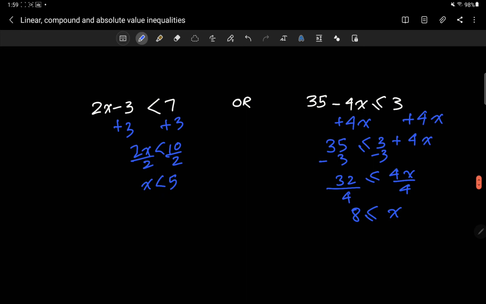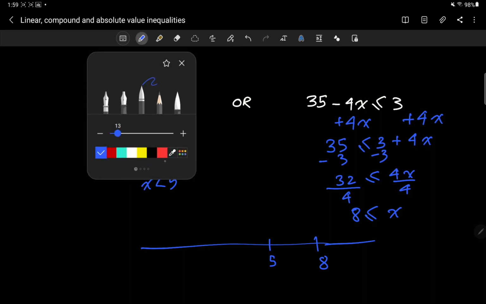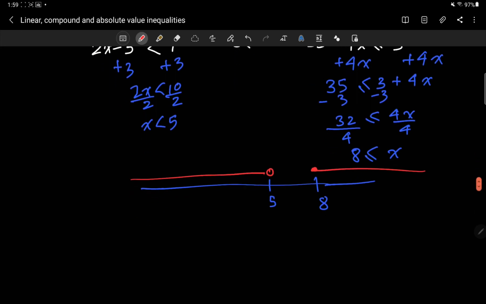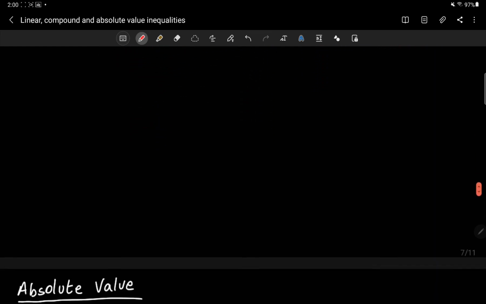So you need x less than 5 or x greater than or equal to 8. So again, it's either 5 or less or 8 and greater. Now in this case, it's slightly different because it's 5 or less and 8 or above. So OR means it's either in this red region or in this red region.